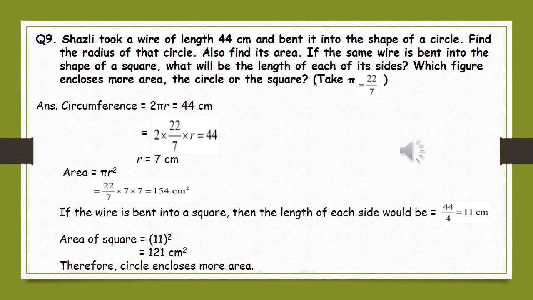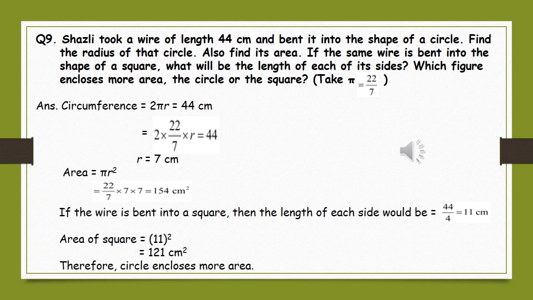Now the same wire is rebent into a square. So whenever we are using a wire to give different shapes, we are actually using the length of boundary, that means perimeter or circumference. So the circumference of the circle will be same as the perimeter of the square in magnitude.